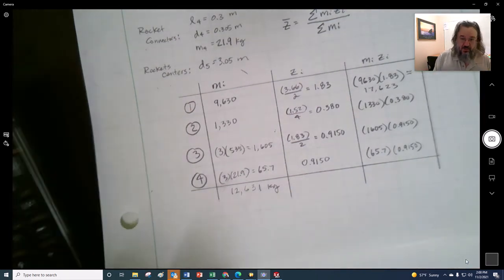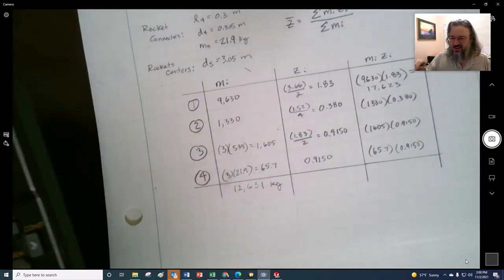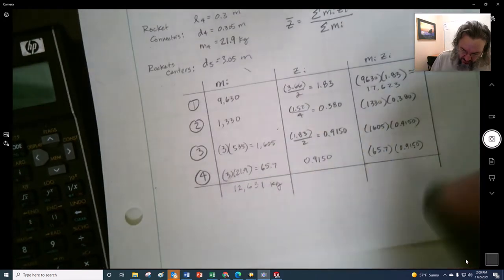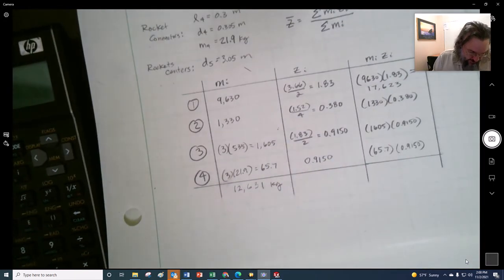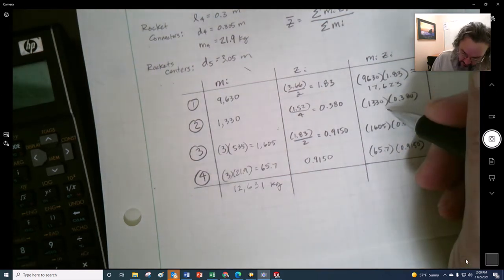One nice thing about the Hewlett-Packard calculator, and I guess most calculators, is I could just keep adding the things as I come down. So that's one of the very useful things about the arrangement of the logic of the Hewlett-Packard calculator. So multiply these guys. I didn't get something very big, did I?